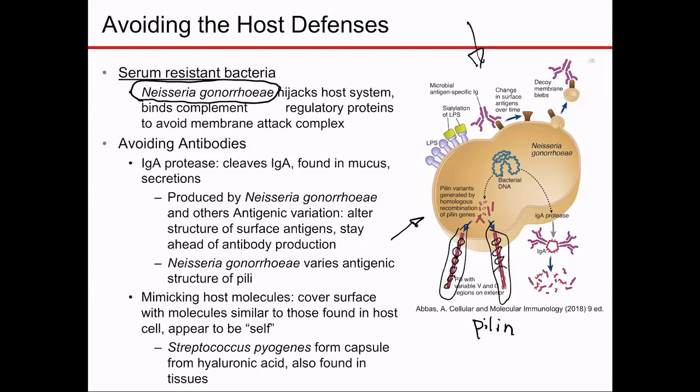If antibodies were produced against the pilins that are on display now, and the bacteria all of a sudden changes them to a different version, then the antibodies that were produced before are not going to work against the new version. And then it's not going to neutralize the bacteria. The immune system will try to produce antibodies against the new pilins on the surface. But by the time those antibodies are produced, maybe new versions of pilin are being presented on the surface.